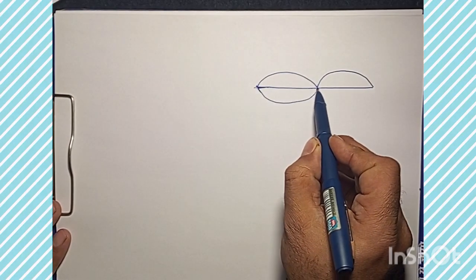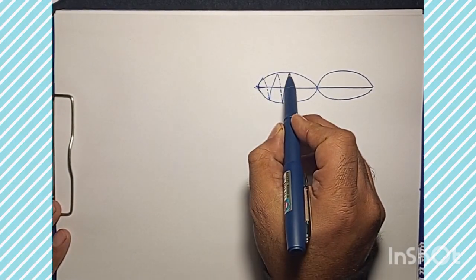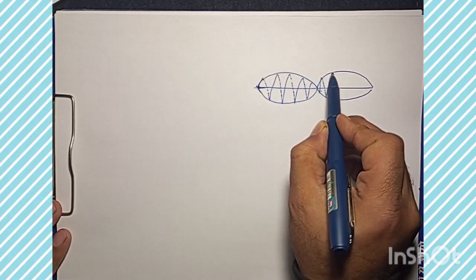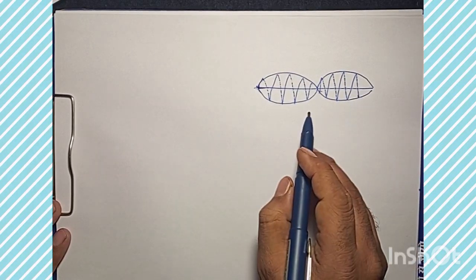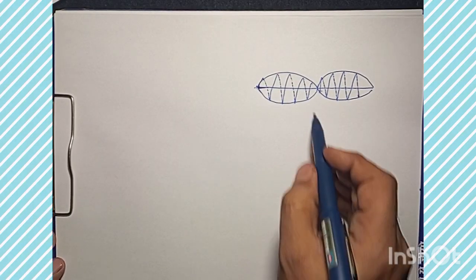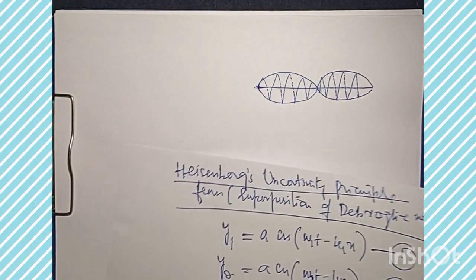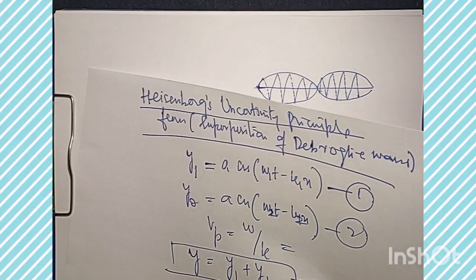Between the nodes, we have the group of waves, and the velocity with which this wave travels is equal to the velocity of the particle with which this particle is moving.